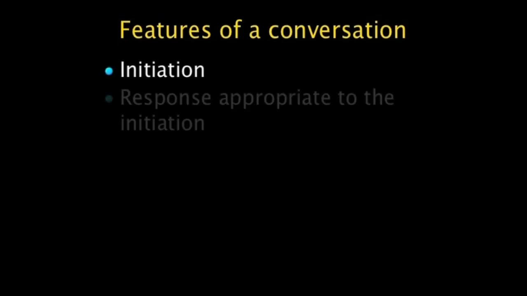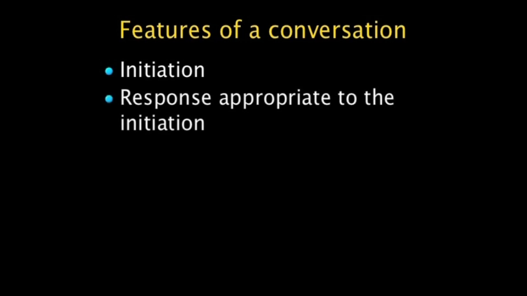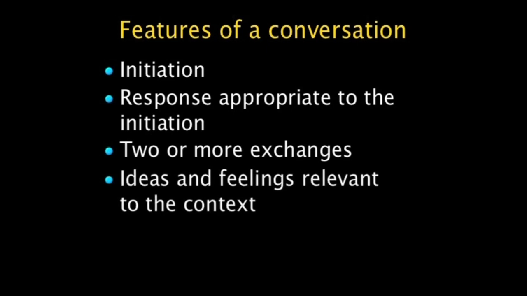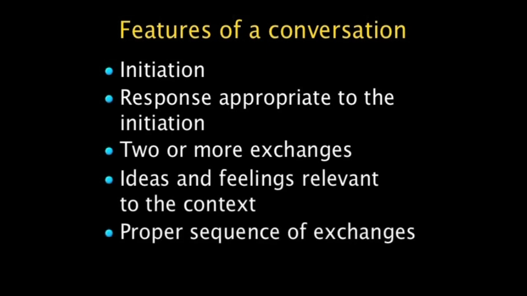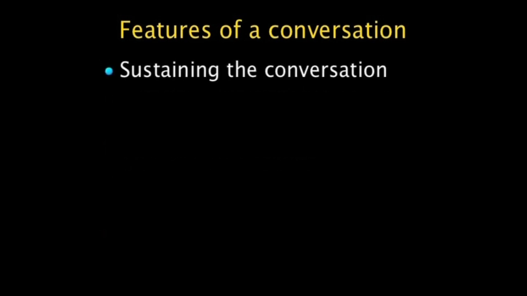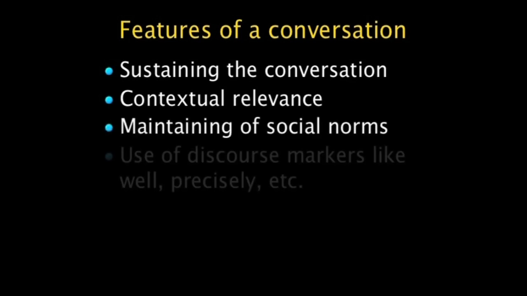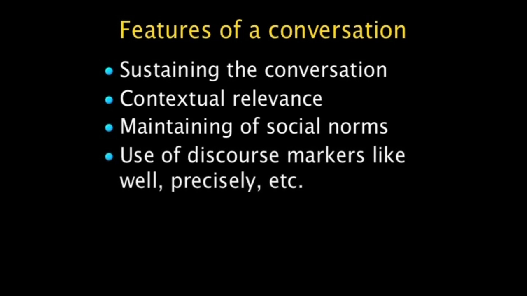I'll just read out: initiation, response appropriate to the initiation, two or more exchanges, ideas and feelings relevant to the context, proper sequence of exchanges, sustaining the conversation, contextual relevance, maintaining social norms, and then use of discourse markers like well, precisely.